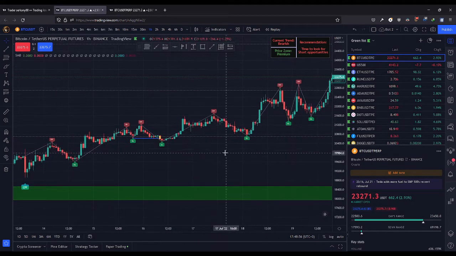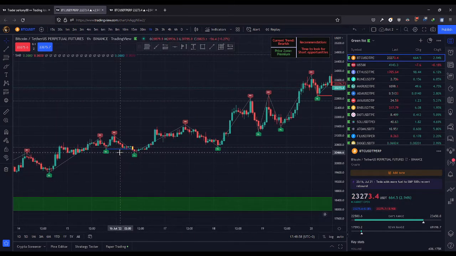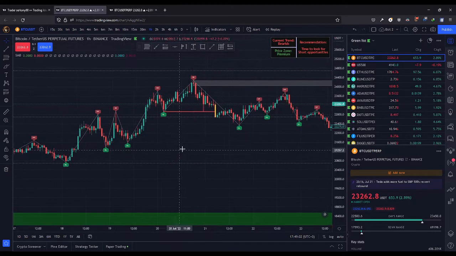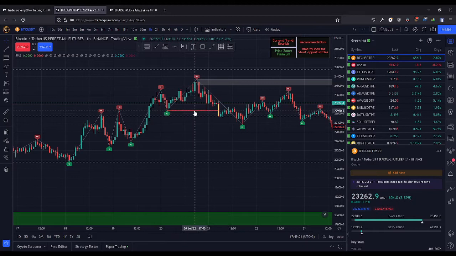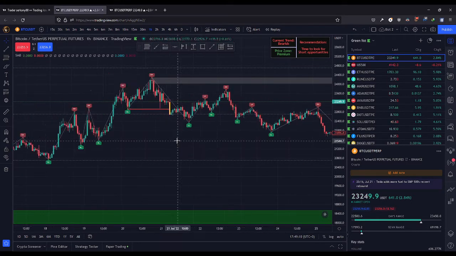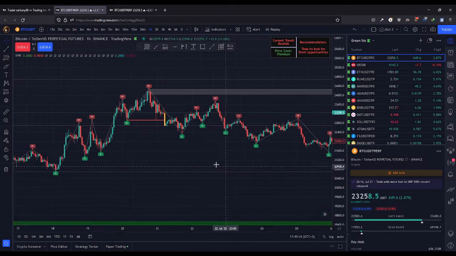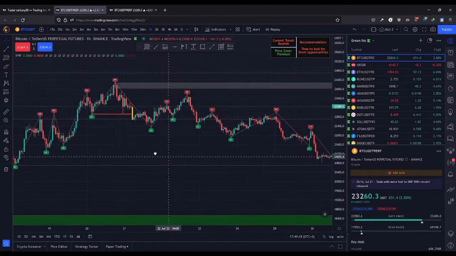The system doesn't do this automatically, but when it sees double or triple confirmation, it changes this line to the appropriate one, which is red in this case, saying that the market structure broke to the downside, which means that the market is bearish at the moment.